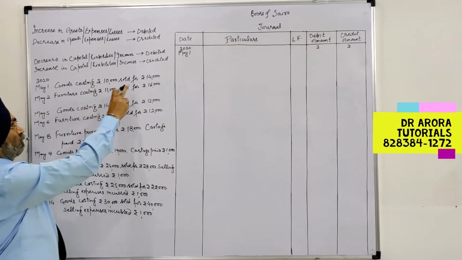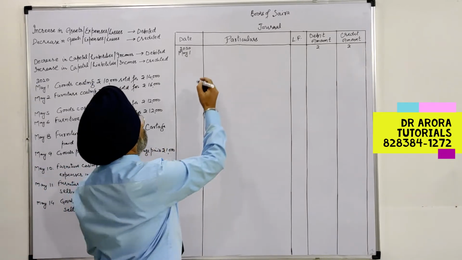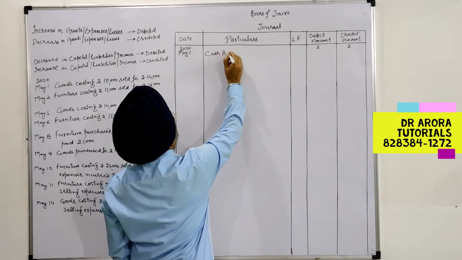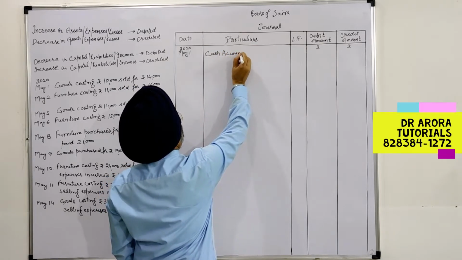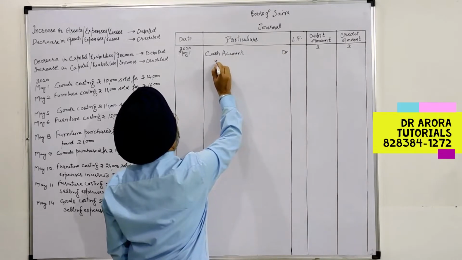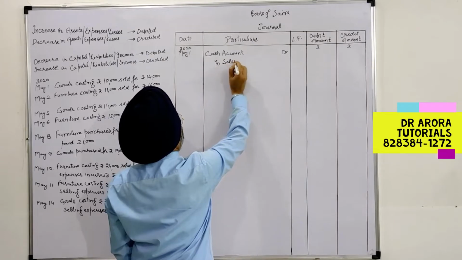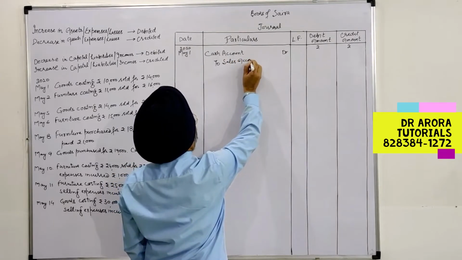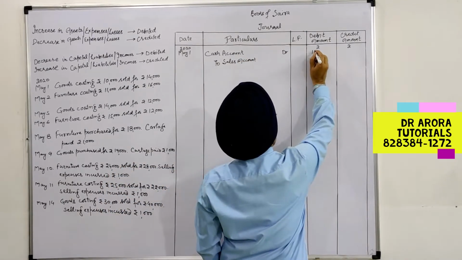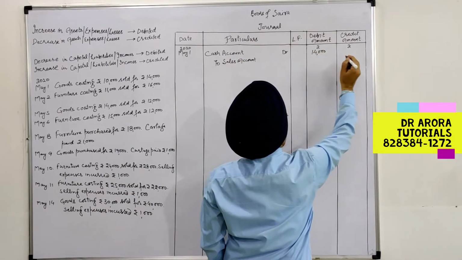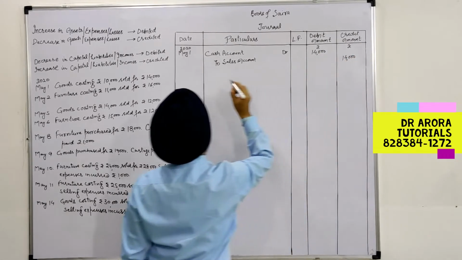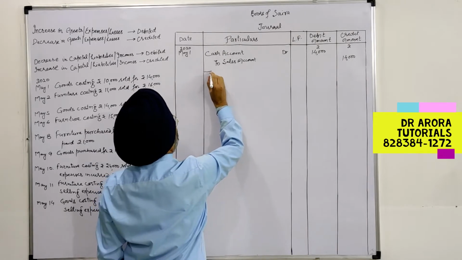Okay, so when we sold the goods for 14,000, there is an increase in asset, so cash account debit, and goods are going out, so sales account credit. So this will be with rupees 14,000. Because when we sold the goods for 14,000, it means we received cash 14,000.